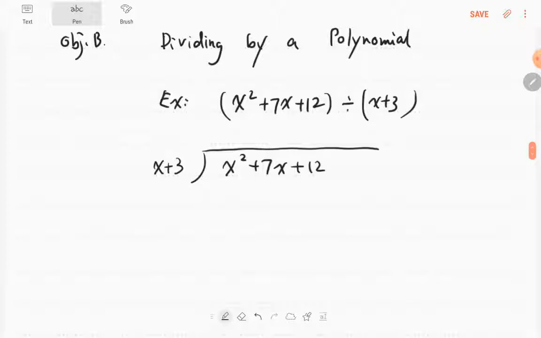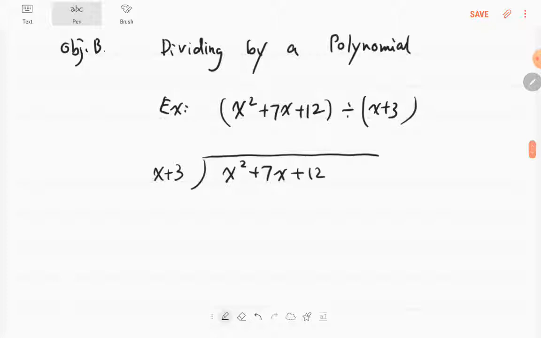Then to the left, we will write this second term, x plus 3. So we will start with the first term. Let's see. The first term here is x squared. So what times x will get x squared? We will know it's x. X times x, we will get x squared, right?